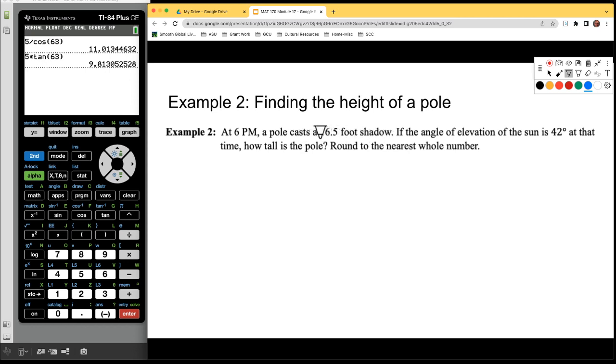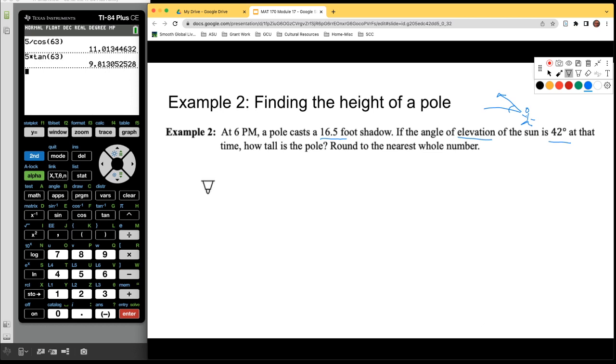So a pole casts a shadow of 16.5 feet. We've got an angle of elevation. An angle of elevation means as you look up, here's our little observer, the angle between the ground and your view. That's your angle of elevation. And then how tall is the pole?